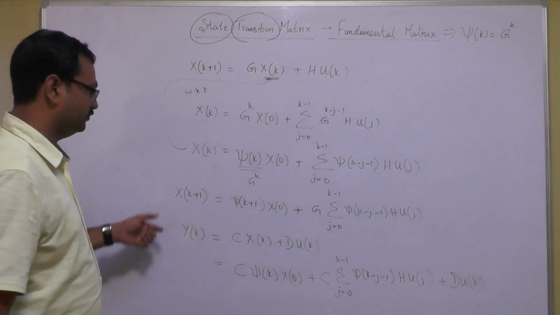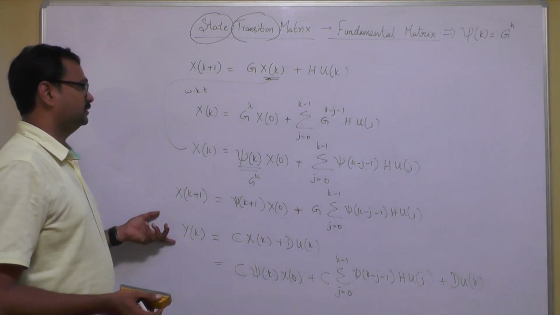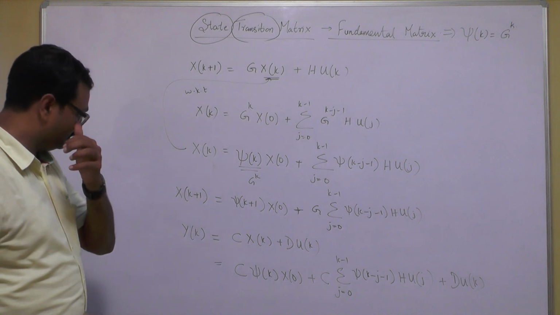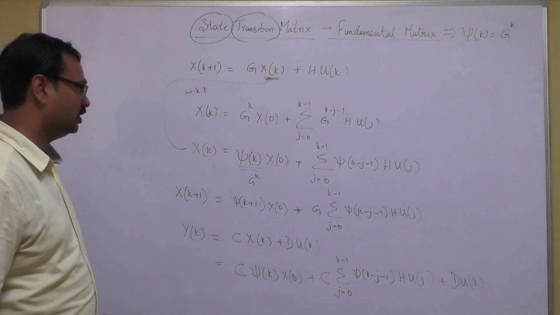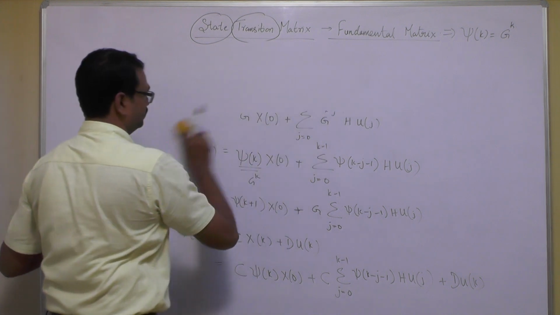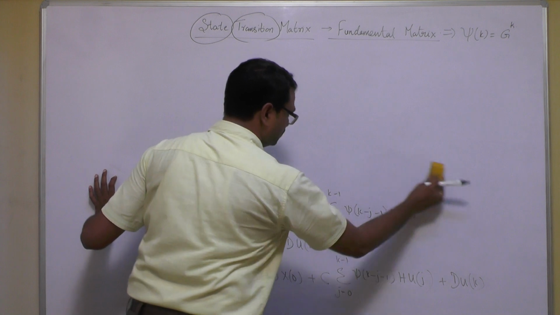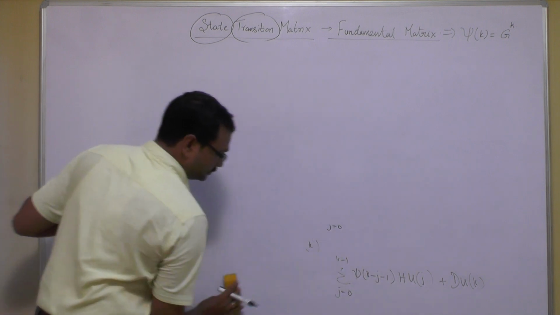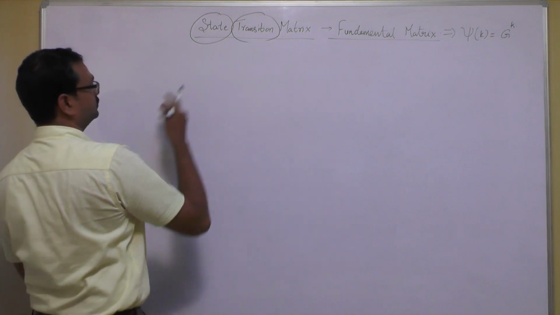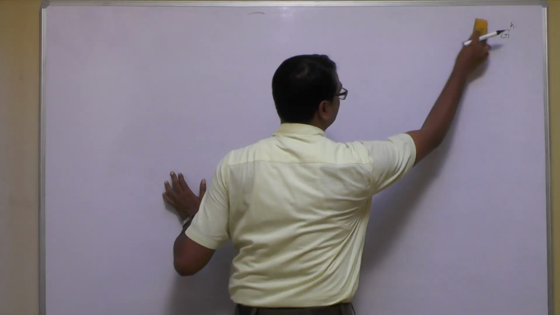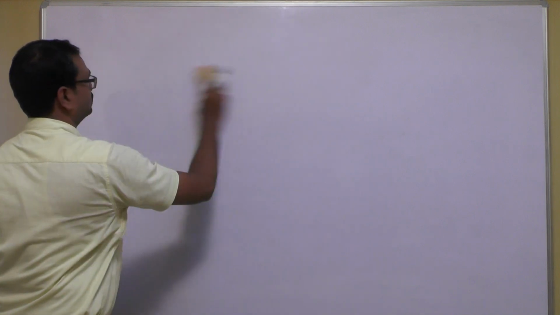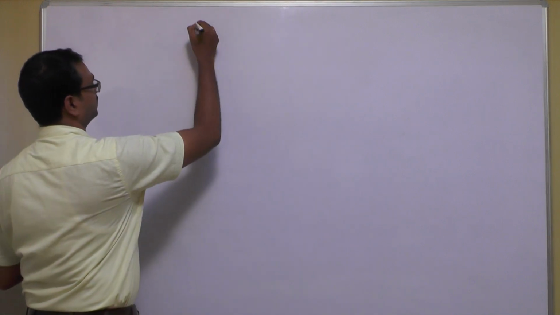So this is what we are going to get in the outputs when you are going for the state transition matrix for our non-homogeneous state equation. Now with this, we will try to discuss the Z transform approach for the solution of the state transition matrix.